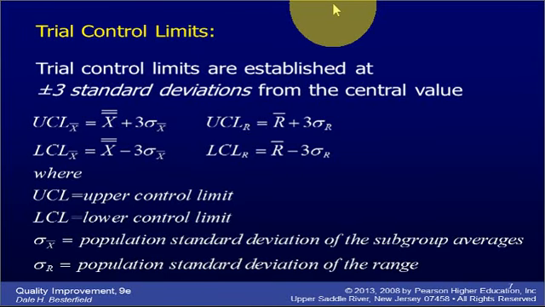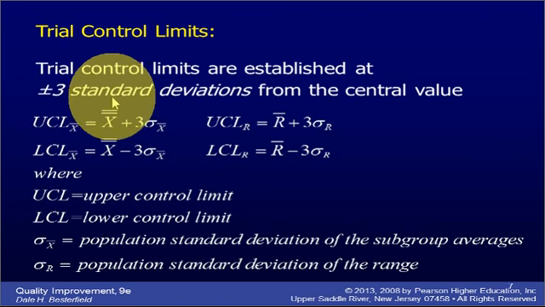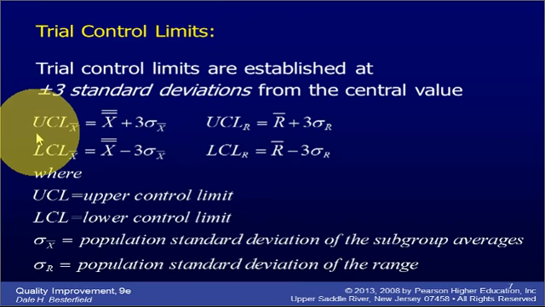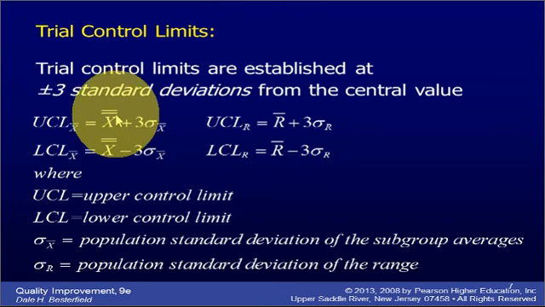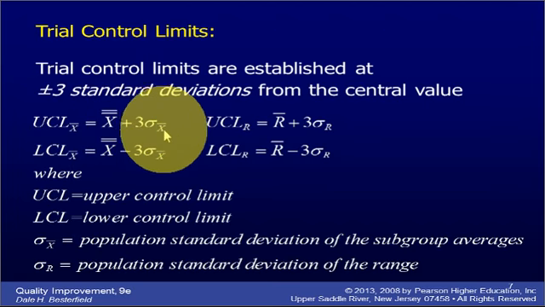The control limits are established at plus and minus 3 standard deviations from the central value. So the upper control limit for X bar is the central line, the X double bar, plus 3 times the standard deviation of the X bars.